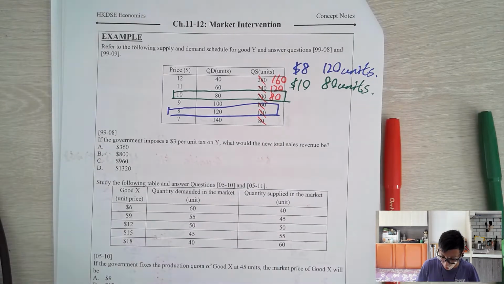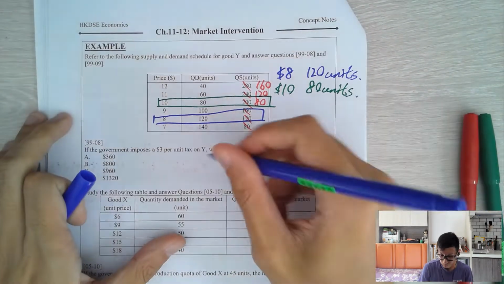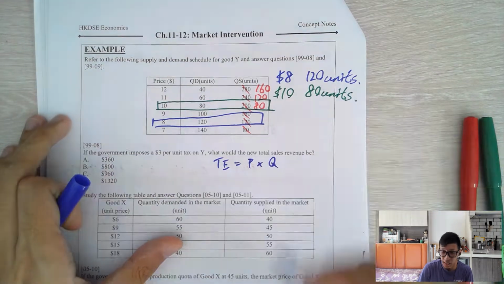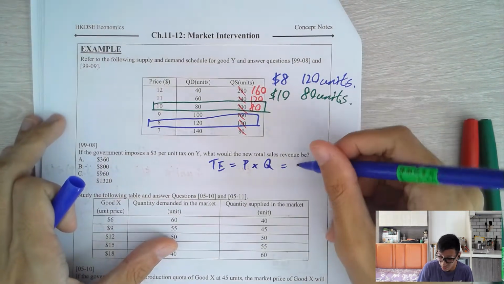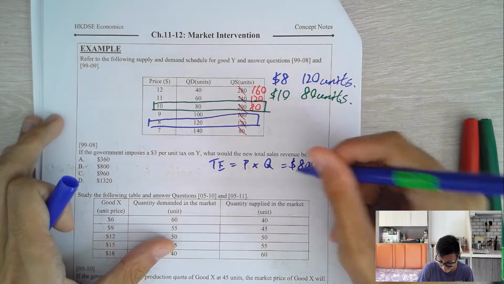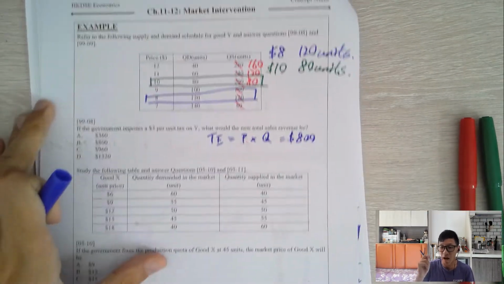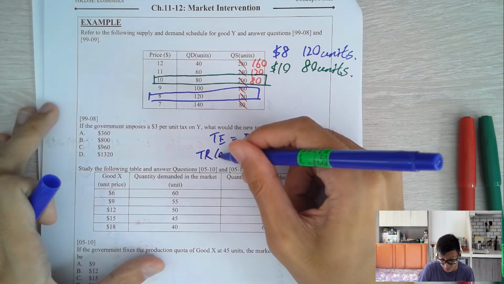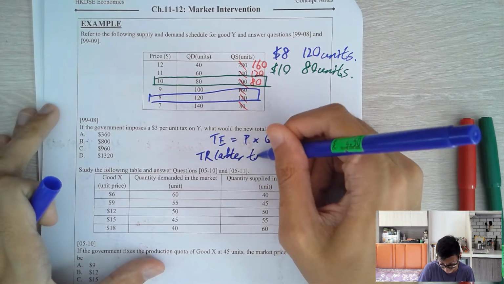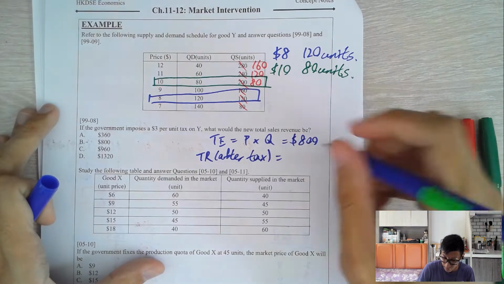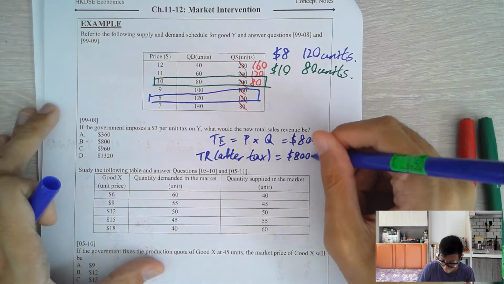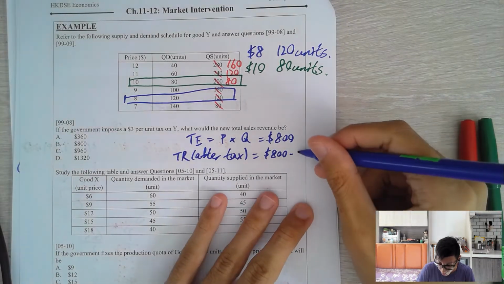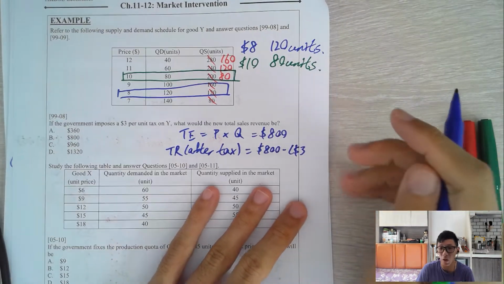Now we know total expenditure equals P times Q. In our case, it would be 800. Now, total revenue, we talk about after tax, would be 800 minus total tax payment. 記住啦，each unit you pay $3.